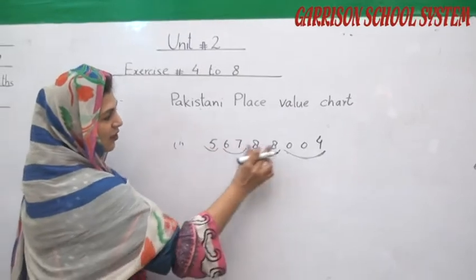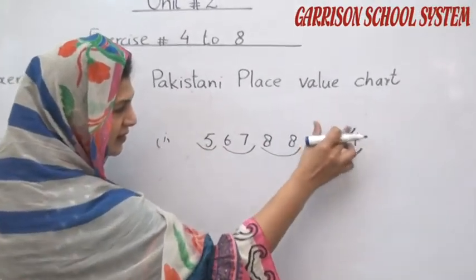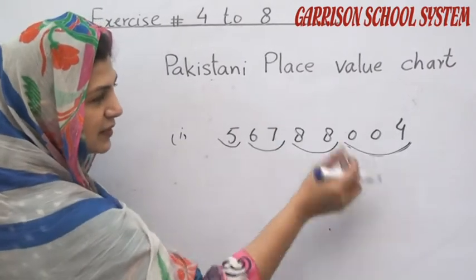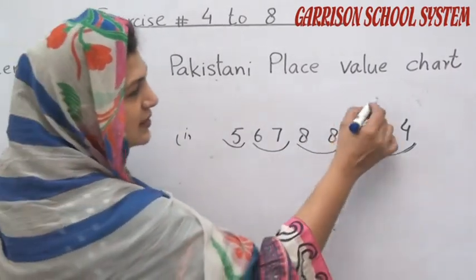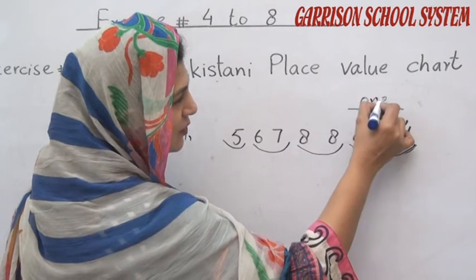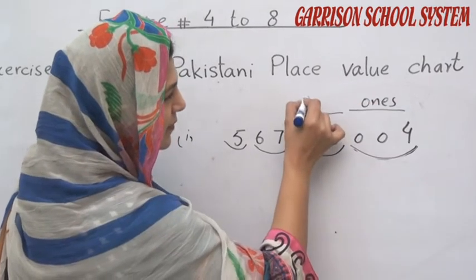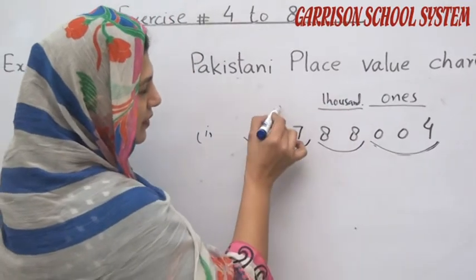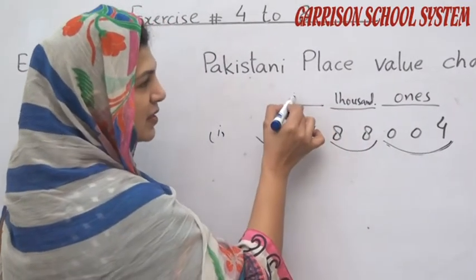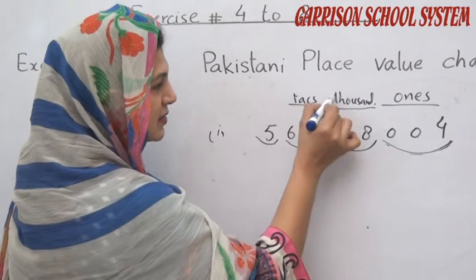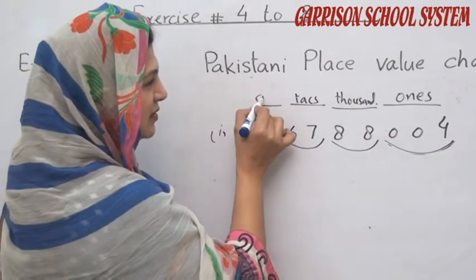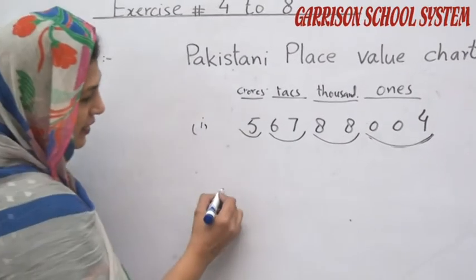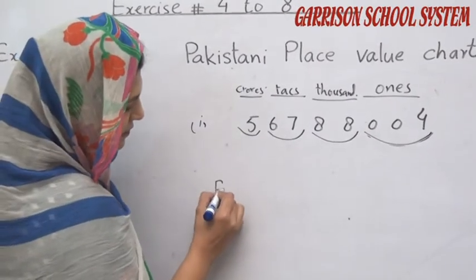So if I call this group ones, then this will be the thousands. As I have told you, this is the ones group. This is the thousands. This is the lakhs, and this will be the crore. So we can write in this way: 5.